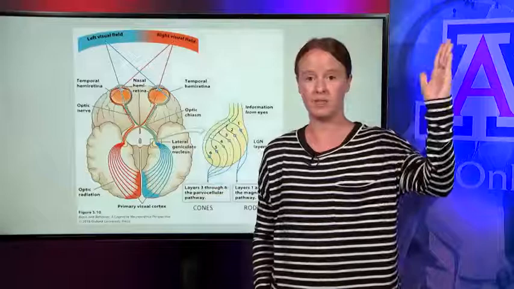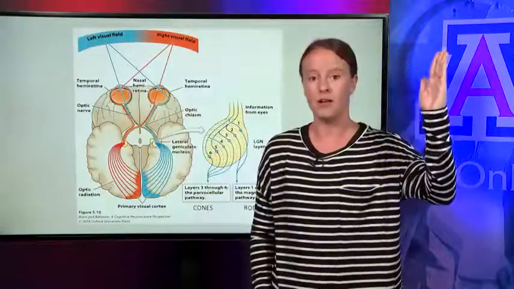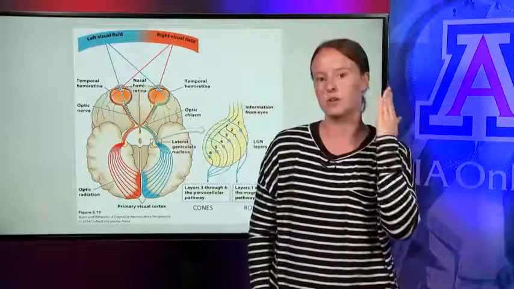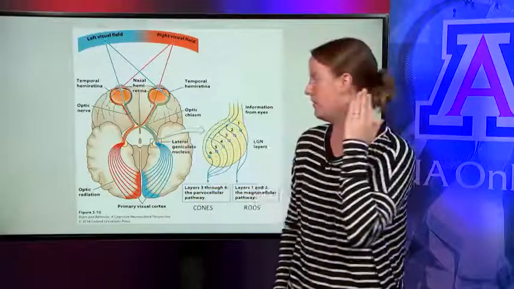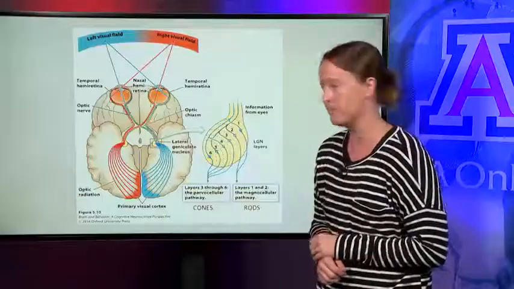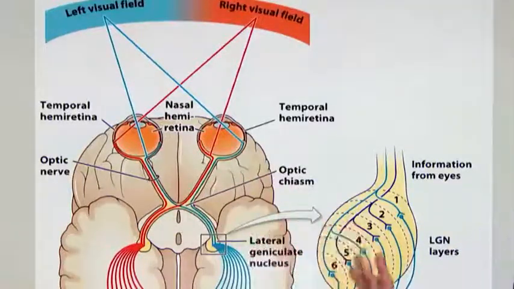So information from the left visual field, when we're looking at the nasal hemiretina, goes to the right hemisphere, and vice versa with the right eye, that information is going to go to the left hemisphere. That point of crisscross is the optic chiasm. The temporal hemiretina stays on its appropriate side, to just unpack the details there.